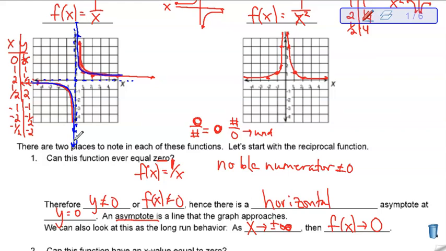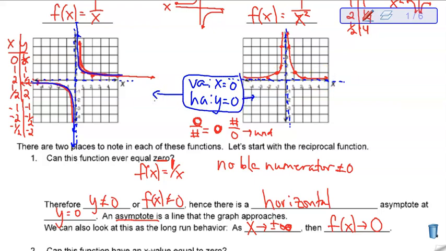Likewise, we would also have a vertical asymptote here and here. So for both cases, we have a vertical asymptote of x equaling 0. That's that vertical line. And for a horizontal asymptote, we have y equals 0, which is this horizontal line. So those for both graphs occur in the same spot.